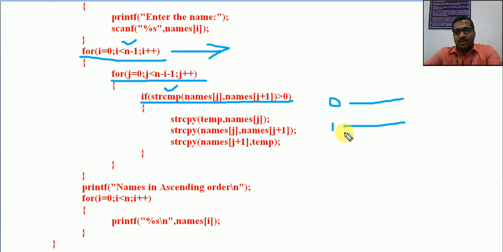That algorithm is already there in the built-in function. We don't need to bother how they compare the characters and alphabetical order; the system will do that. Then we need to interchange if it is greater than 0. This is for the case when we are following ascending, alphabetical order. If it is descending, just change this condition to less than.